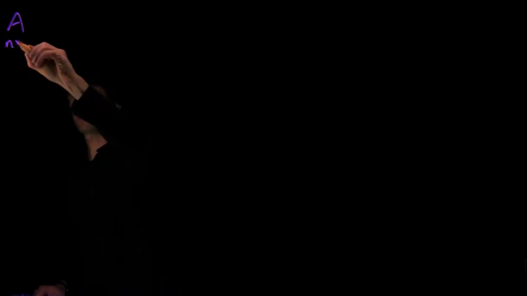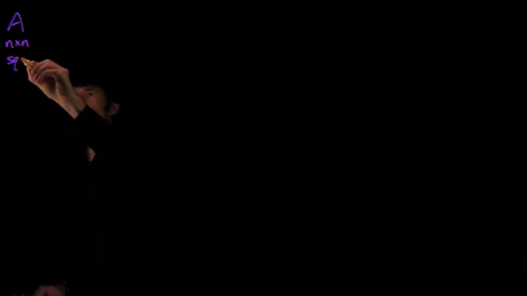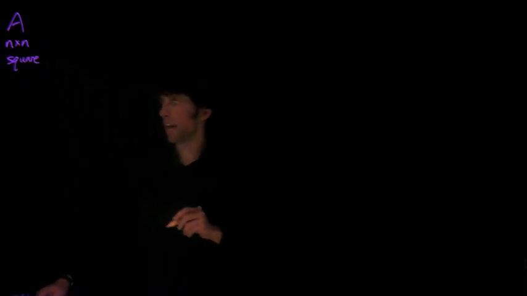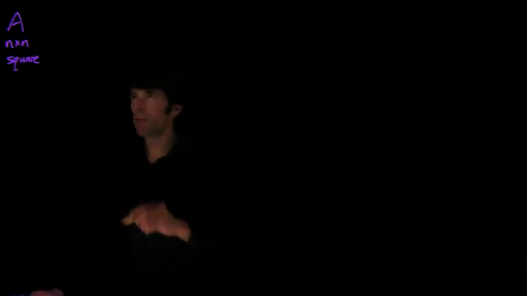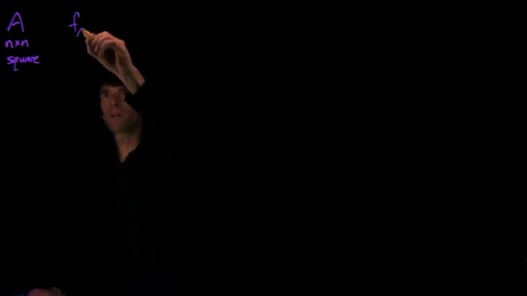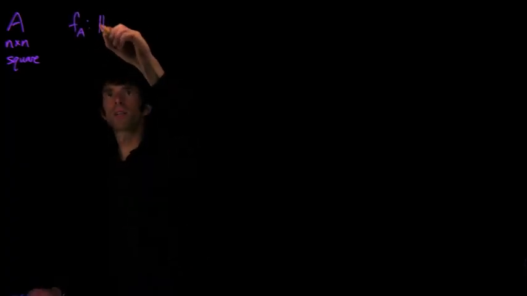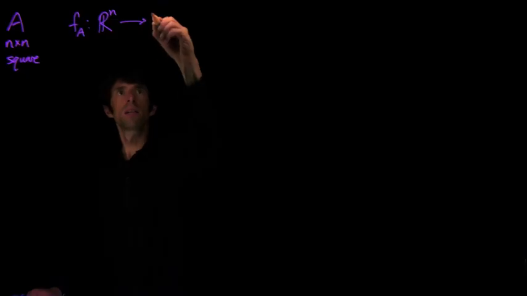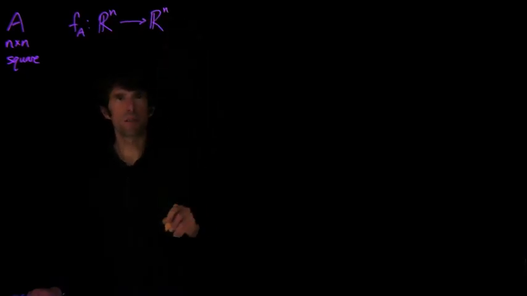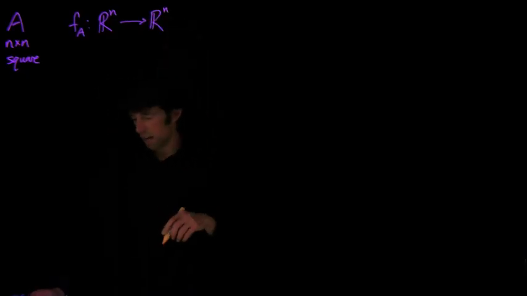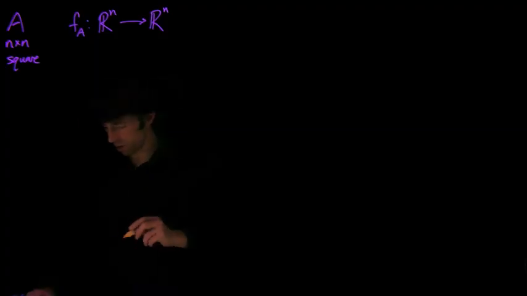OK, let's zoom in to the special case where our matrix A that we're looking at is a square matrix. So it's an n by n matrix now. And this means that the associated linear function goes from Rn to a vector space of exactly the same size. Now, let's think about this for a moment.